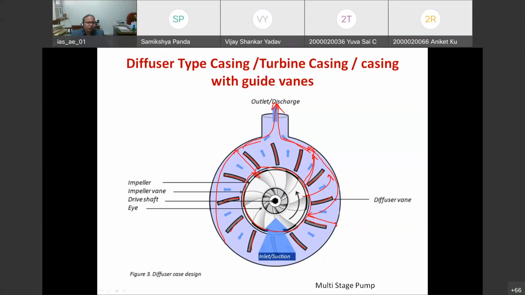This water will go to the delivery line, let's say it is blocked, and at the back of this impeller, if there is another impeller, then the water which is going out will be the inlet for that impeller. So that will be the multi-stage pump. We are using the impellers in series, so it will be better to utilize this type of casing.